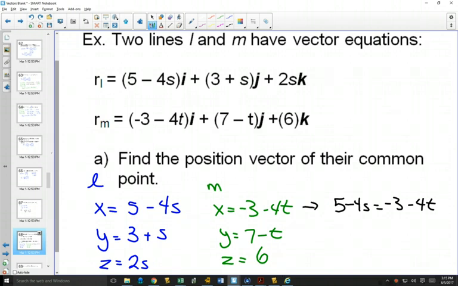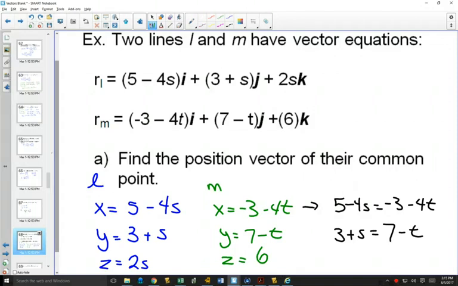And if I just had that equation, there's no way I could solve that because I have one equation with two variables. But I also know that my y coordinates have to be the same. So 3 plus s equals 7 minus t. And now I have a second equation with two variables that I don't know.